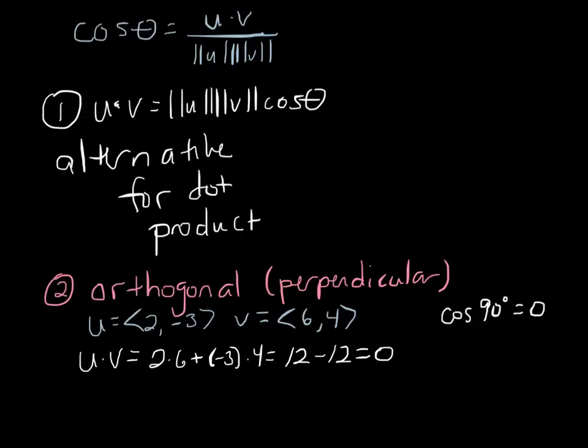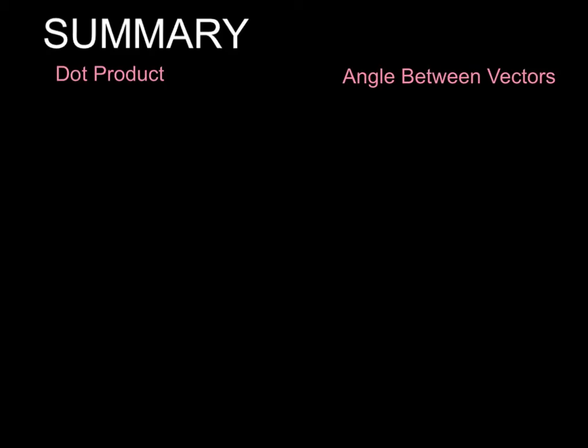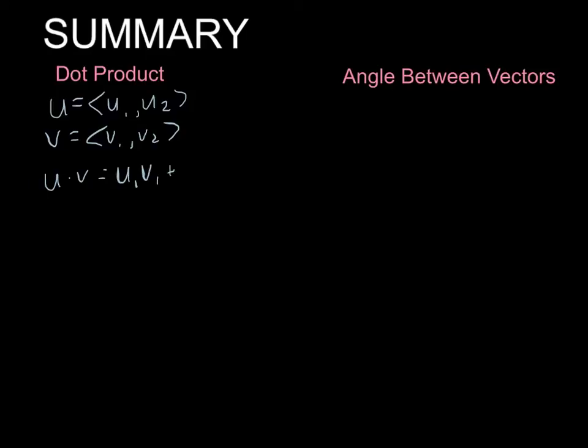So now let's write a little conclusion here. We know that u and v are orthogonal because u dot v is equal to 0. And here's our summary. We know in order to find the dot product of two vectors, we multiply their components and add those products together. And we're going to remember that the dot product is a scalar.